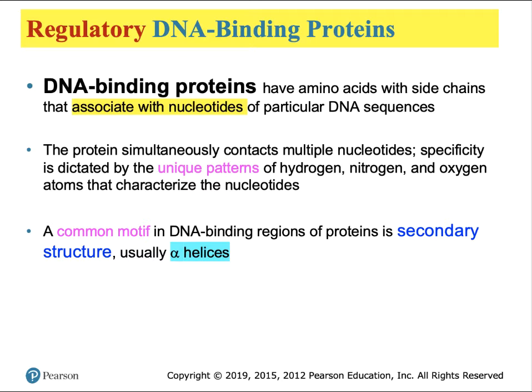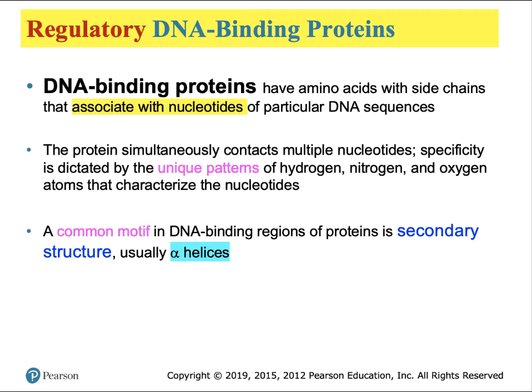At the individual level, how does one particular DNA binding domain determine uniqueness? And the answer is, it all depends on the contact made between the base pairs within the major grooves and the minor grooves of DNA and the amino acid motifs.